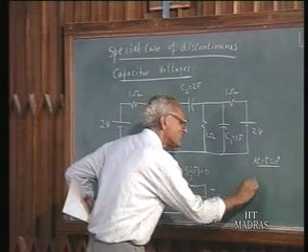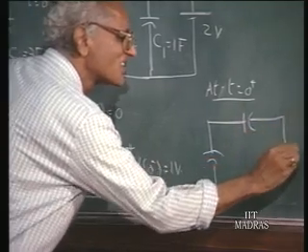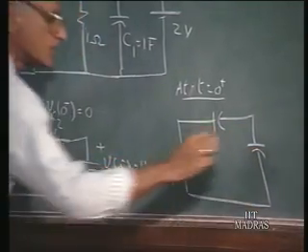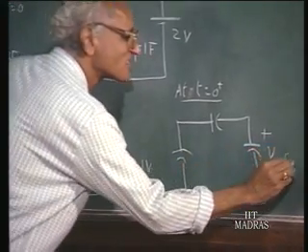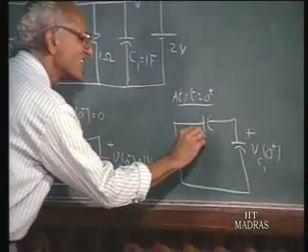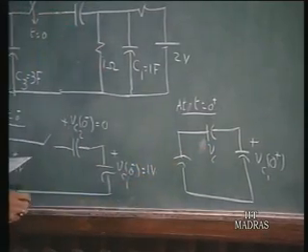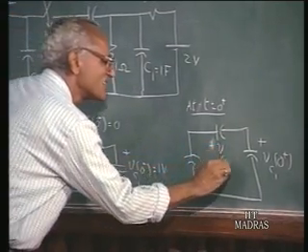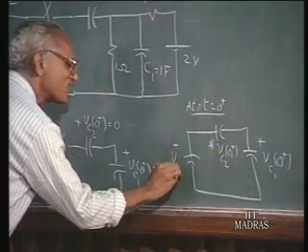Now at t equals 0 plus, again the switch is closed, therefore these 3 capacitors form a loop. Vc1 0 plus, and let us say this is Vc2, sorry, this is the reference sign we have taken, yes, Vc2 0 plus, and this is Vc3 0 plus.